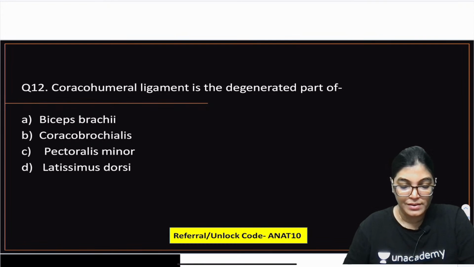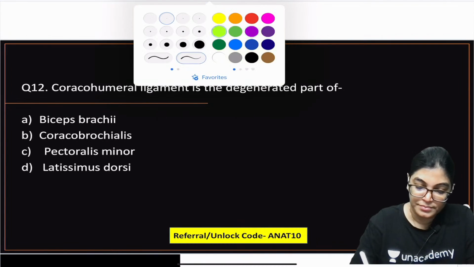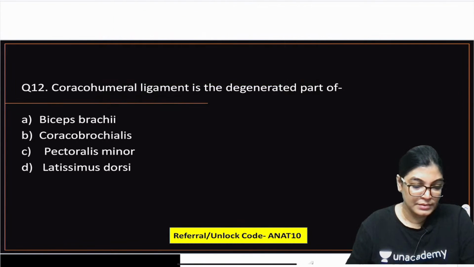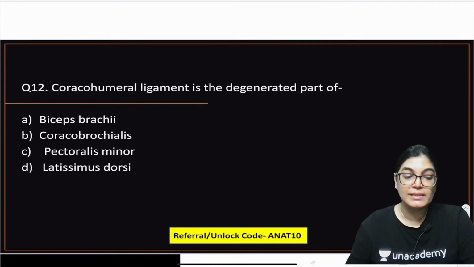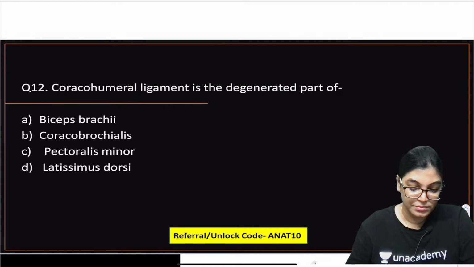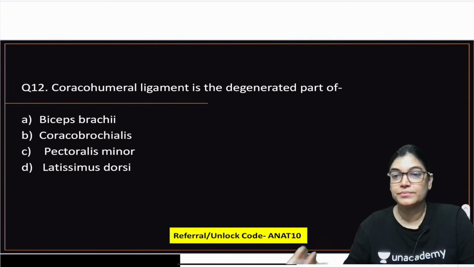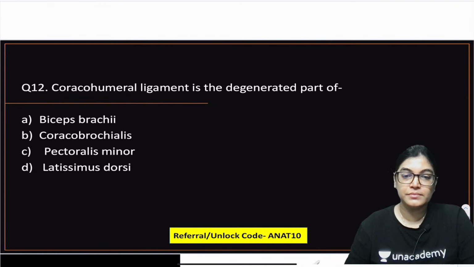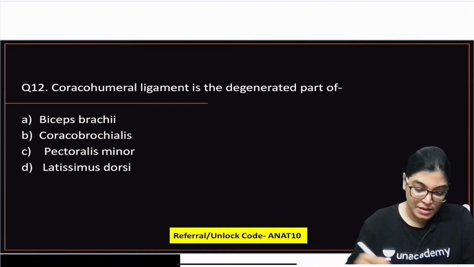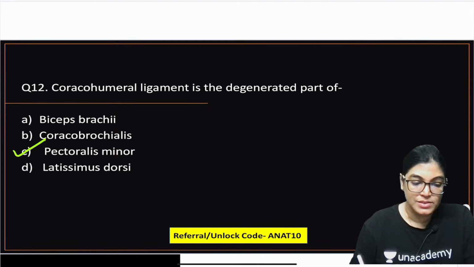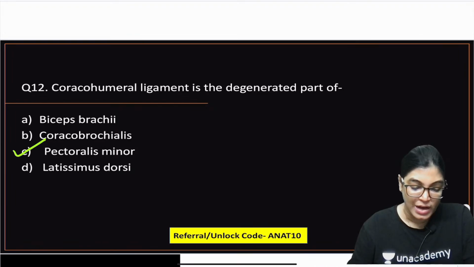Question number 12, correct answer. Pectoralis minor is the correct answer. Yes, it's a degenerated tendon of pectoralis minor.